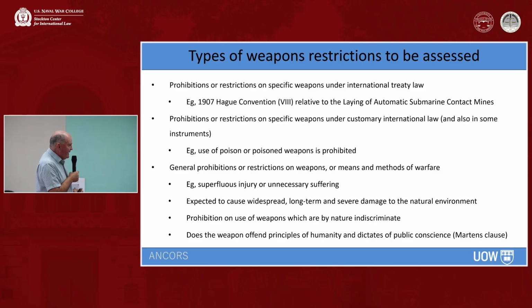Widespread, long-term and severe damage to the natural environment doesn't just mean that there's a bit of pollution or something's burning. There are conditions placed on this. Then there are weapons which are indiscriminate, and also a question to be asked about whether the weapon is one that offends the basic principles of humanity.